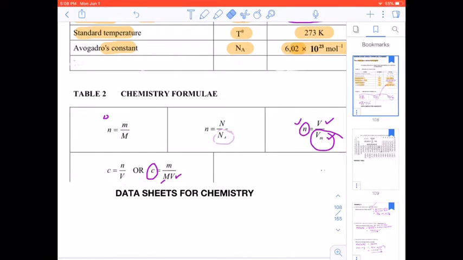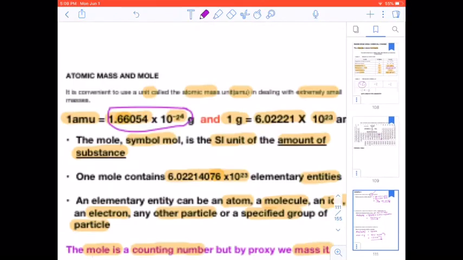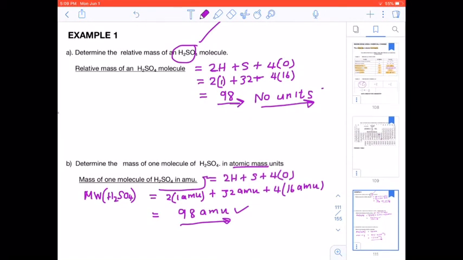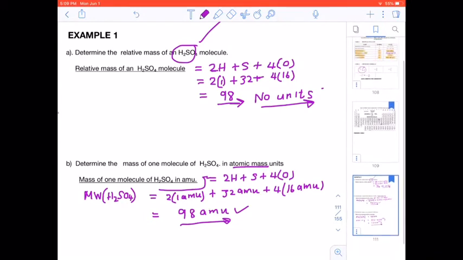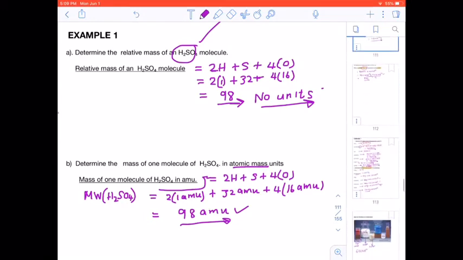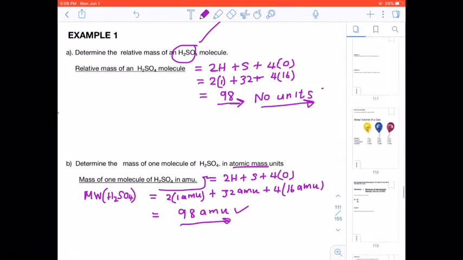There you have it. So here you have this particular formula, which means here we're going to be dealing with that formula. n stands for moles, m stands for mass, and big M stands for molar mass. Okay, so we have that.